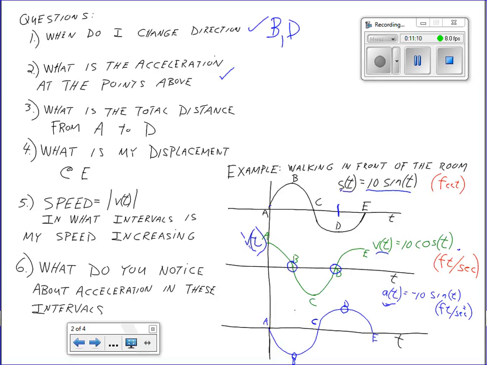Notice what I did. I walked to the front of the room, that's 10. I walked to the right window, that's 10 feet. I walked back, that's 10 feet, 20 feet here. And then back to D, another 10 feet. That's 30 feet. You have to think about that motion. Eventually, we'll tell you how to integrate in order to calculate that total distance.